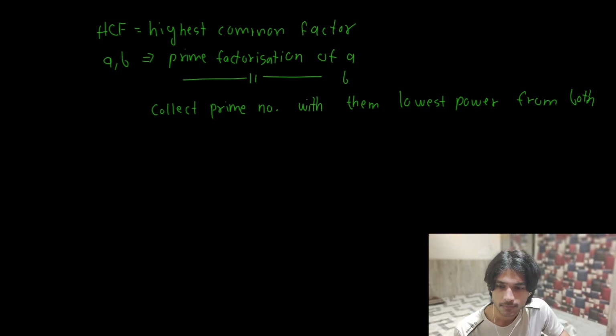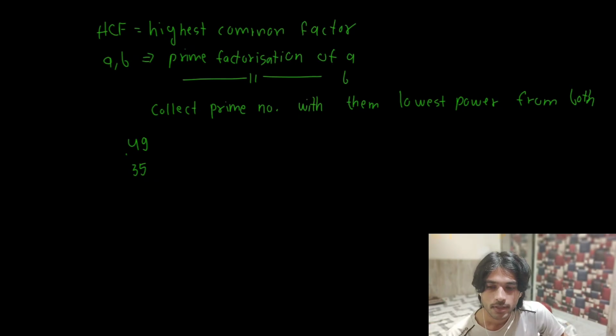What I mean by that, suppose I have to, let's go with, let's say 49 and 35. So I have to find the HCF of 49 and 35. So what would I do? I will write 49 as prime factorization.